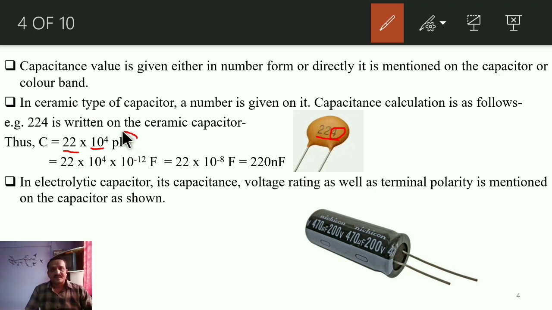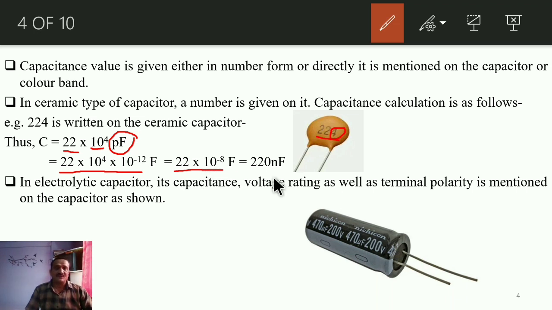Over here you always have to take picofarad as a multiplier with this value. So 22 into 10 raised to 4 is in picofarad. Picofarad means 10 raised to minus 12, remember. So you can write 22 into 10 raised to 4 into 10 raised to minus 12. Now it will be in farad, since pico is 10 raised to minus 12, right? So the value comes as 22 into 10 raised to minus 8 farad.